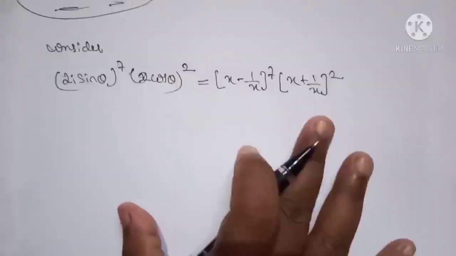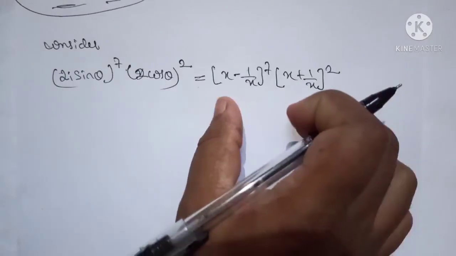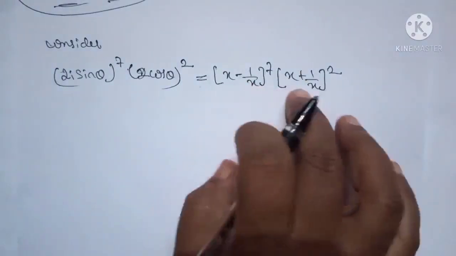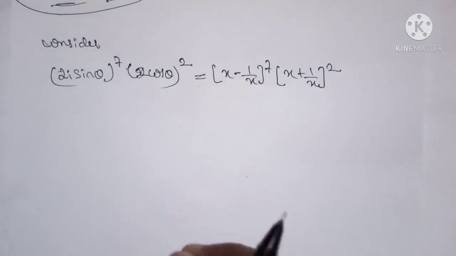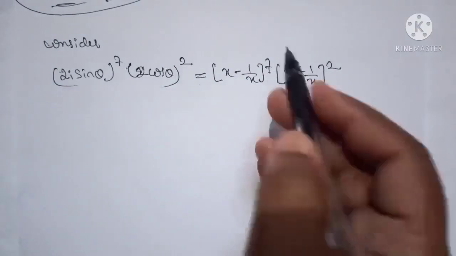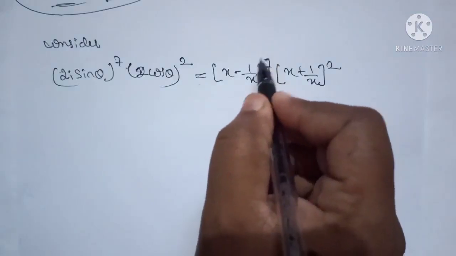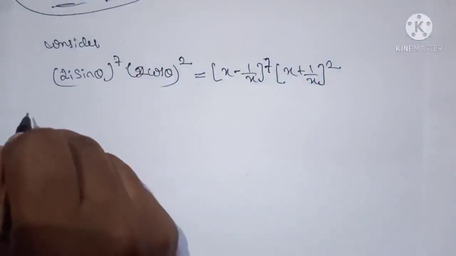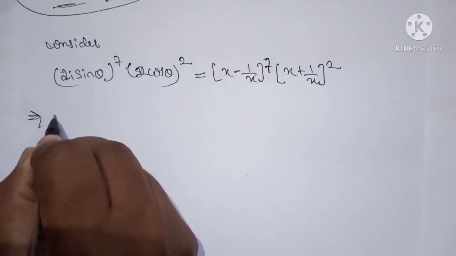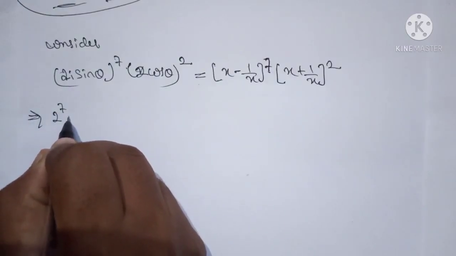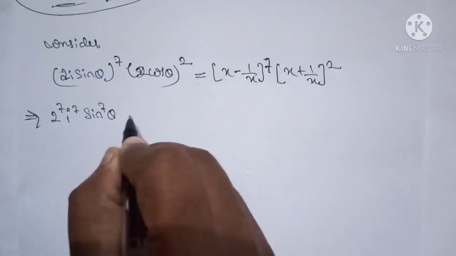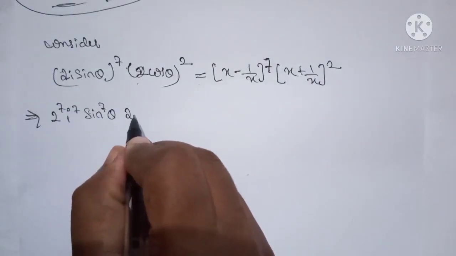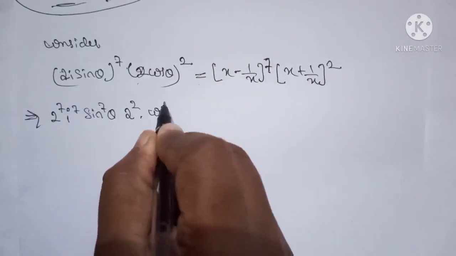So now we can get the binomial coefficients of these two by using the tricky method. Okay, so then we see this later on. First we expand this one. 2i is equal to 2 power 7 i power 7 sine power 7 theta, and this can be written as 2 power 2 cos square theta.